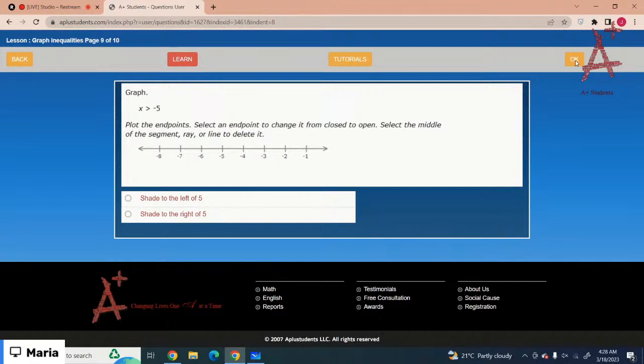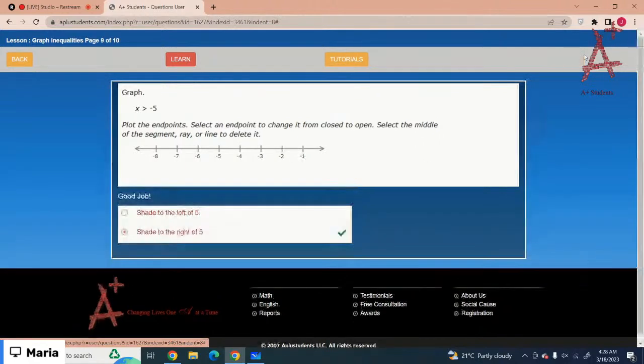Greater than negative 5 means all the numbers are greater than negative 5. So it would be on the right hand side of negative 5. Got it? Shade to the right of negative 5. Got it?